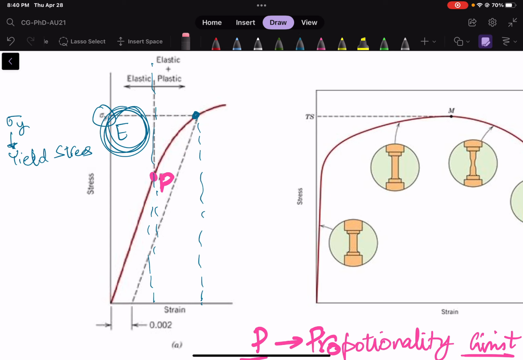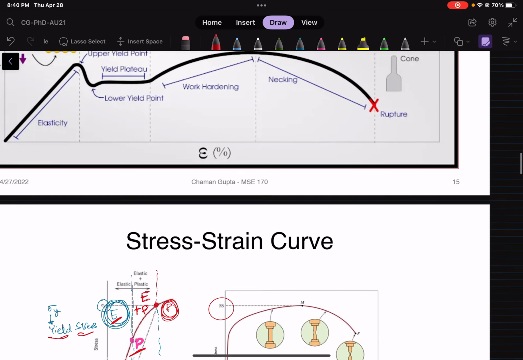Let's call it the yield stress for now, for this material. Some people refer to the tensile stress as the ultimate tensile stress. So again, important thing: till the proportionality limit, you have only elastic, but after the proportionality limit and till the yield stress, you have elastic plus plastic. And after this yield stress, you have only plastic. So keep this distinction very clear in your mind.